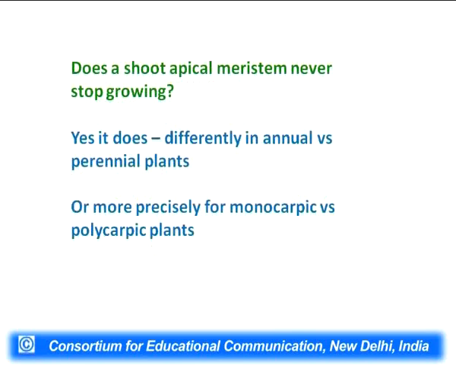Now, the question which I have posed here is: does a shoot apical meristem never stop growing? The answer is yes, it does, and that differs depending on whether it is an annual plant or a perennial plant. The annual and perennial concepts are probably known to most of you.